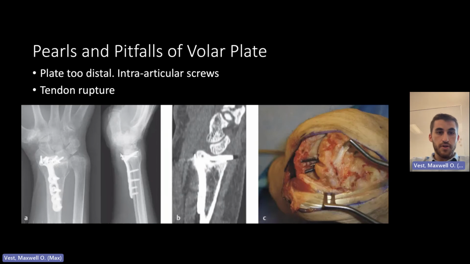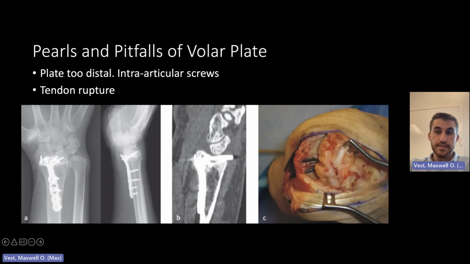So then, like we talked about, you don't want your plate too distal. You can cause tendon rupture, and then one of the worst complications would be intra-articular screws. And this is a CT scan with intra-articular screws and an intraoperative view actually showing intra-articular screws.